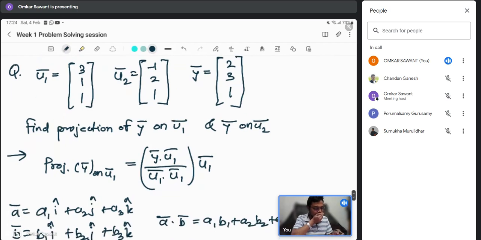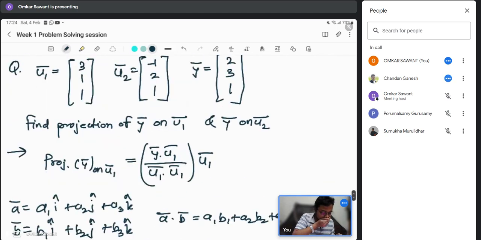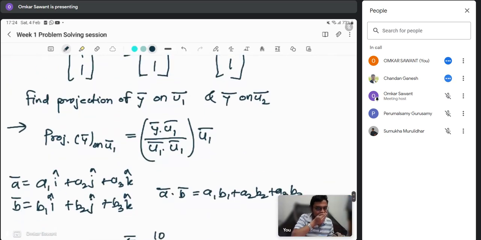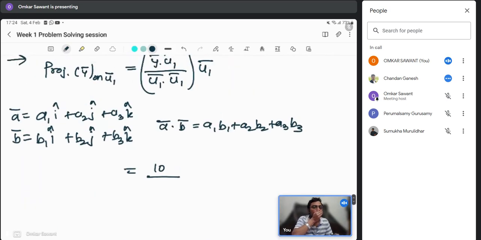What do you mean by u1 bar dot u1 bar? Square of it, sir. Yes. What is the difference between the length of the vector u1 bar and u1 bar dot u1 bar? Are these two things different?